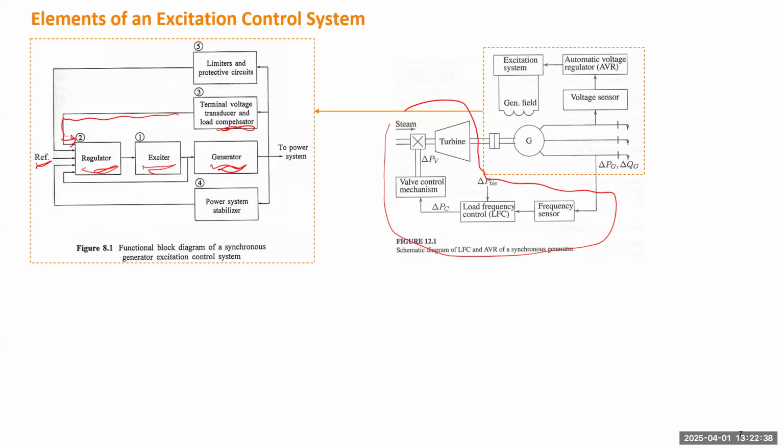For the safety of this equipment, you can also add a limiter, a protective circuit related to terminal current or field current. And there's another component we'll discuss in the section on small signal stability. This one just provides additional damping to the generator.